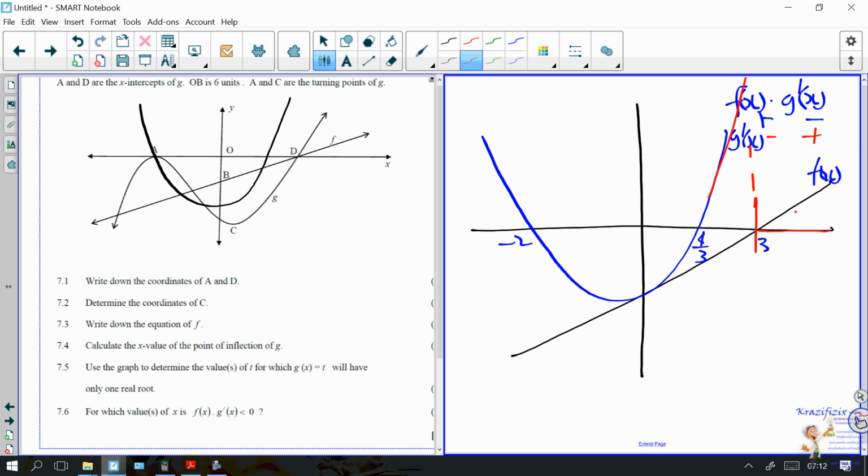Both of them are positive, so this side is out. What if I come in between here, from here to here? What you notice, my f of x here is negative, but between here and here, my g prime of x is positive. I need that value there.